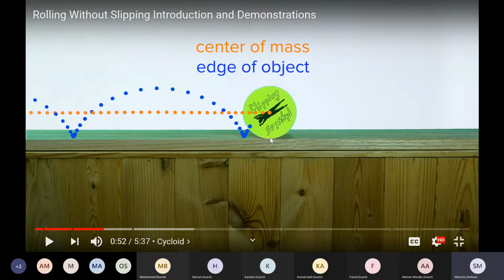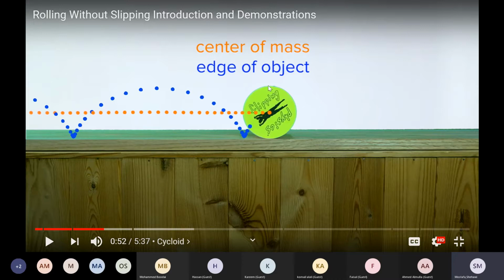So we have a constant velocity for the center of mass, and the blue point has a changeable velocity. When it touches the table, it will be 0 because the table is stationary. When it touches a stationary object, it must be stationary too. When it moves away, the velocity increases to reach the maximum at the highest point.